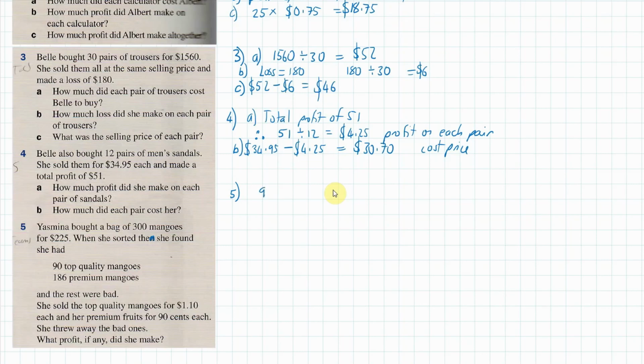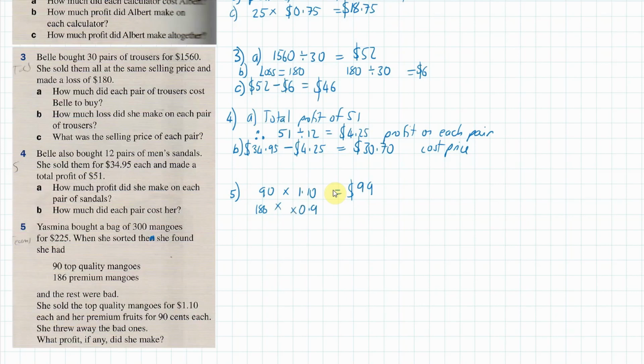So she's got 90 of these top quality ones, and she sells them for $1.10 each. So let's work out how much she sold them for. That gives her $99 there. Next we have 186 premium mangoes, and she's selling them for 90 cents.